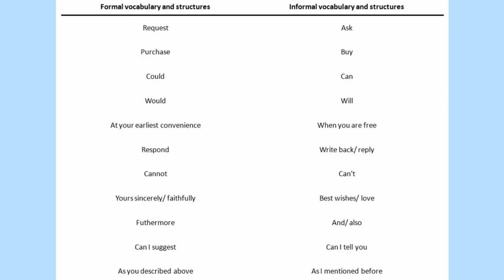Then it is purchase, which can be used as buy in informal vocabulary. Then it is could. Could is a modal auxiliary and can is also a modal auxiliary, but in formal vocabulary, could will be used, and in informal vocabulary, can will be used. Same goes for would. For formal language, would will be used, and in informal language, we will use will.